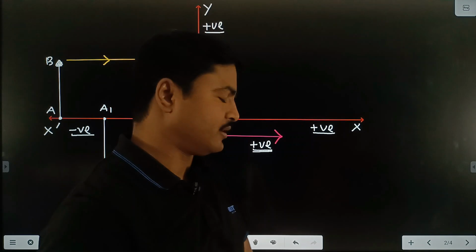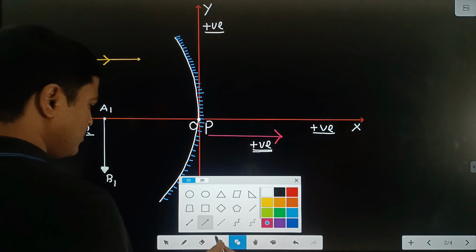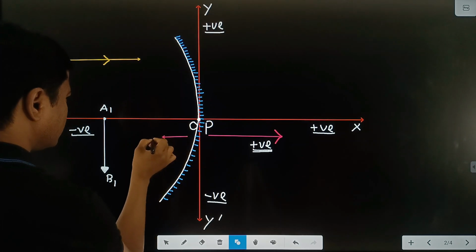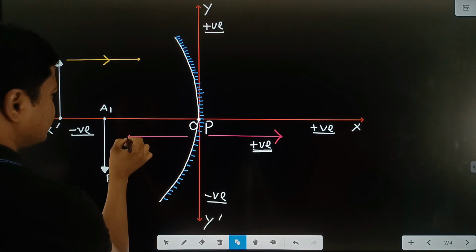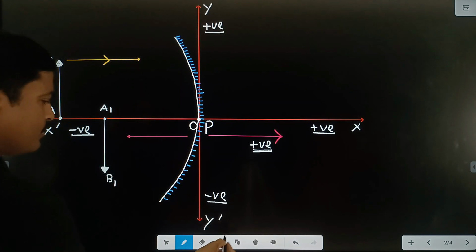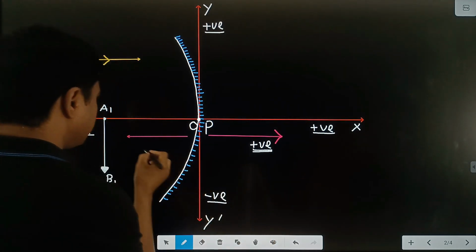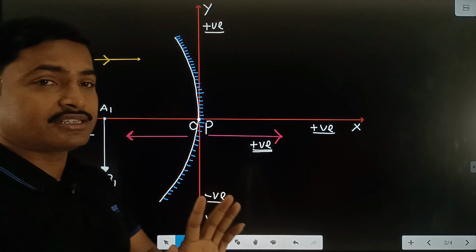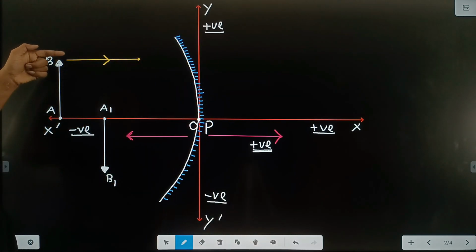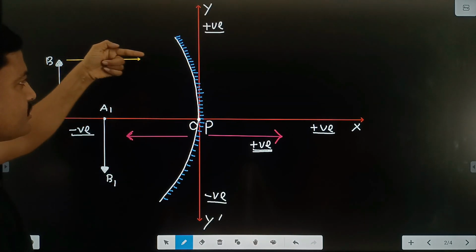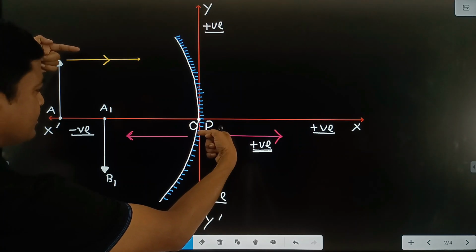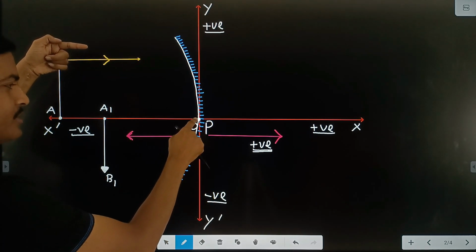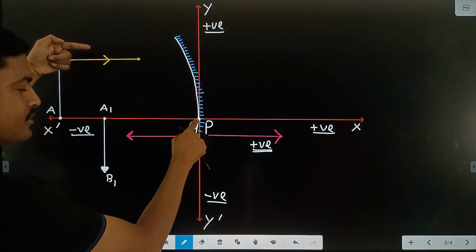Clear? Similarly, suppose we measure the distance starting from the pole just opposite to the direction of the incident ray, because this is the direction of the incident ray, and we measure the distance in this opposite direction, always with the pole as the starting point.